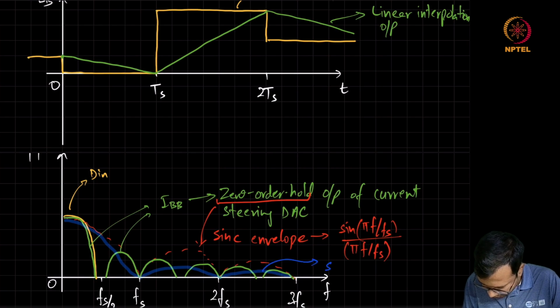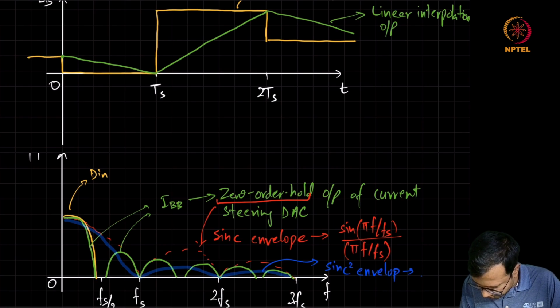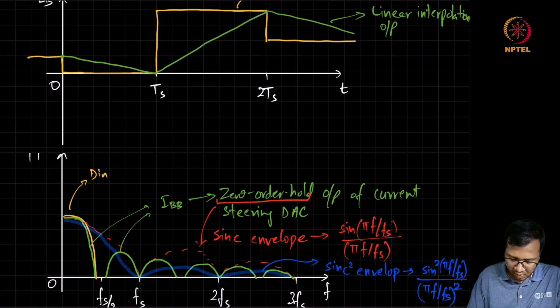This is sync square envelope, which is square of the sync envelope: sine square pi f by fs divided by pi f by fs whole square.